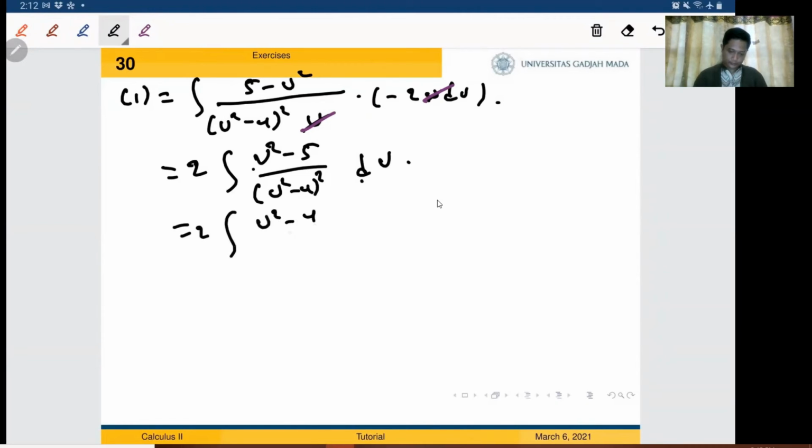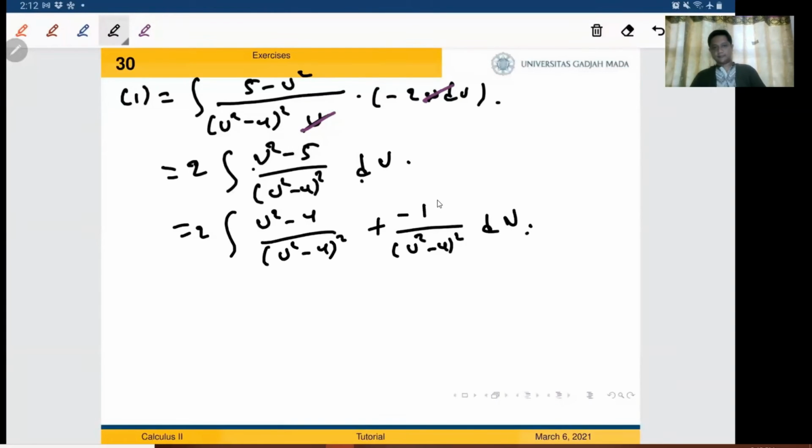So yeah, it's much easier to simplify it. So I try to do it like this. So I have to add minus 1, to make it balance. No, this one is du. Okay. Can you follow me?